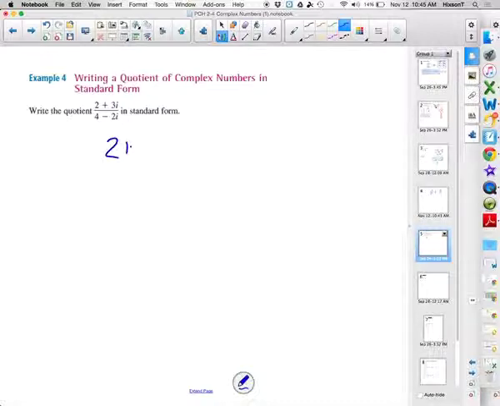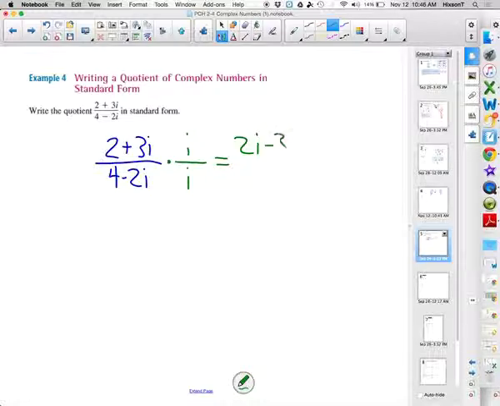If we do this, 2 plus 3i over 4 minus 2i, and we tried to just do a times i over i like we did on the last one, we would have to distribute. And all that would really do, in this case, it would be a 2i minus 3 once we substitute it in for i squared, and it would be a 4i plus 2. So we got rid of the i that was with the 2, but now we have one that's with the 4. So obviously we need a different strategy.